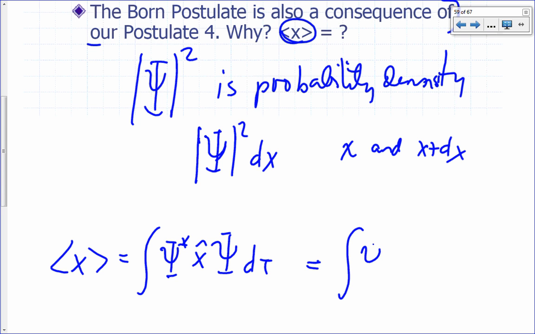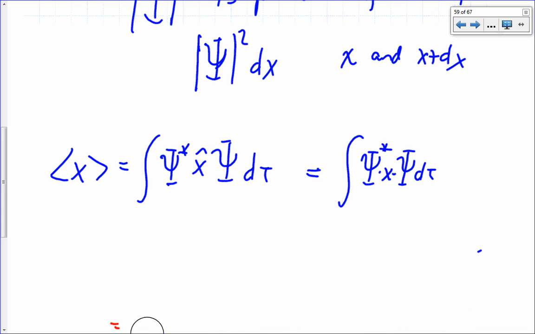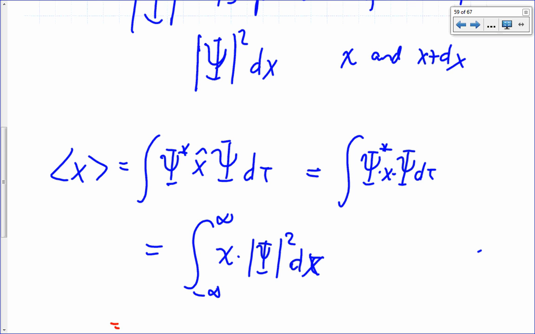So this is just psi star times x times psi d tau. And that's just the integral of x times psi squared d tau, and d tau is really dx, from negative infinity to infinity.